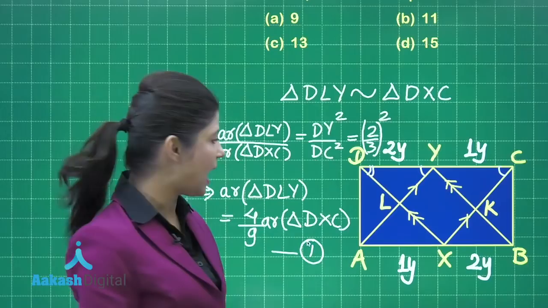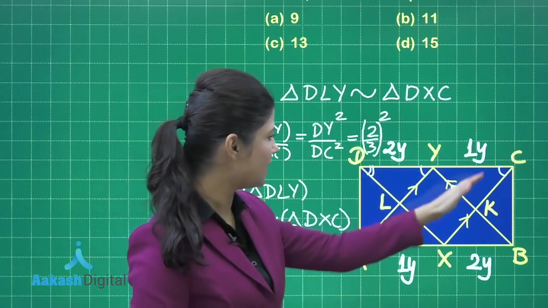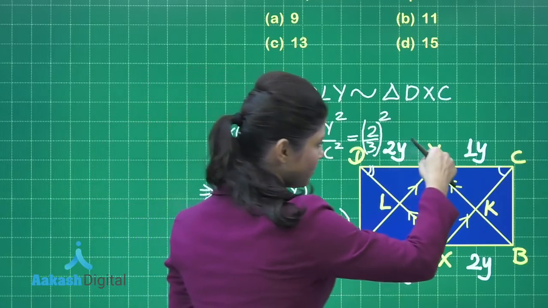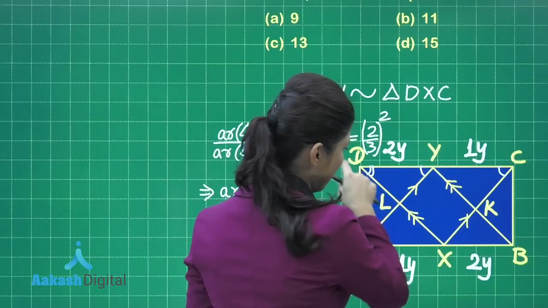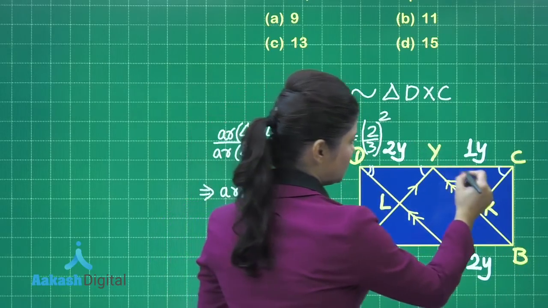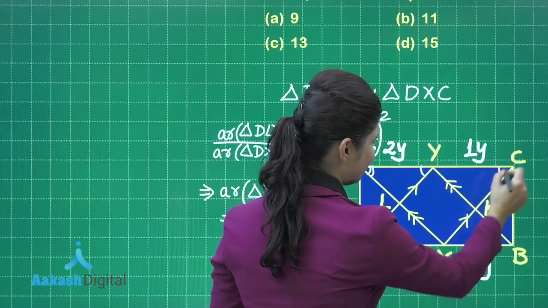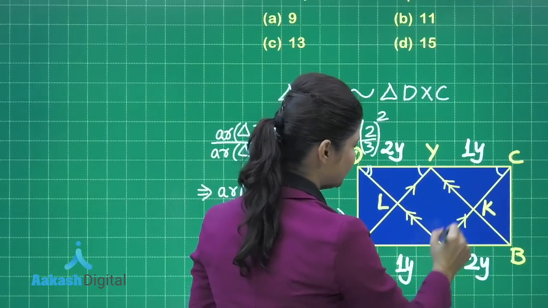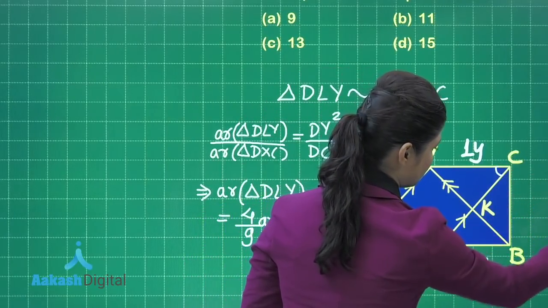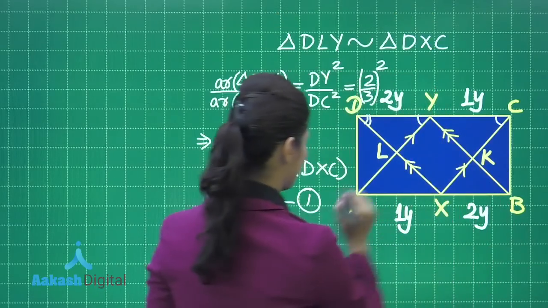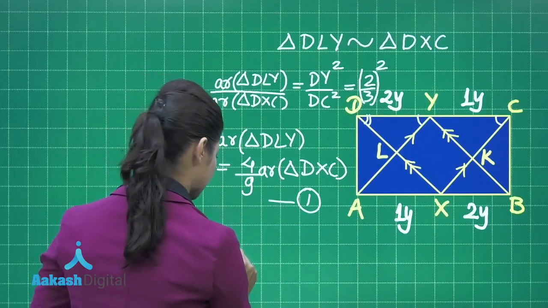In a similar manner, as you have here AY parallel to XC, and you also have here YB parallel to DX, I can also have this triangle YKC similar to this triangle DXC. So this will also help me to obtain another relationship, and I can write here using that.